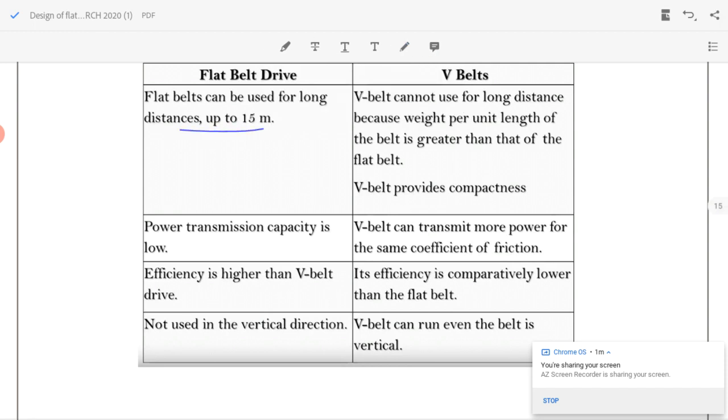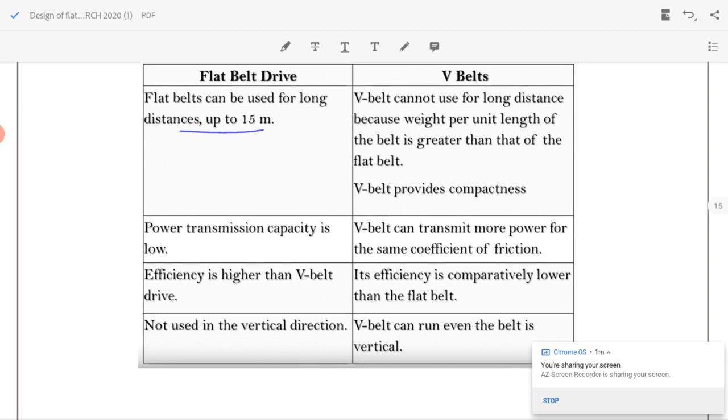Further, flat belt can have higher efficiency and higher power transmission capacity when compared to V-belt. However, these belts cannot be used in vertical direction, whereas V-belt can run even when the belt is vertical, which we can see in our automobiles.